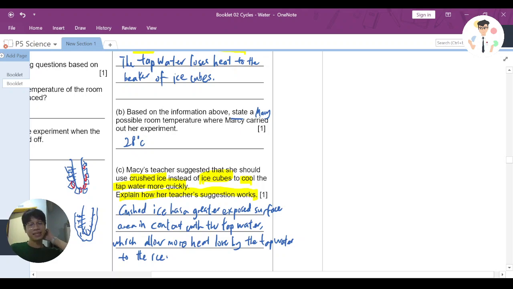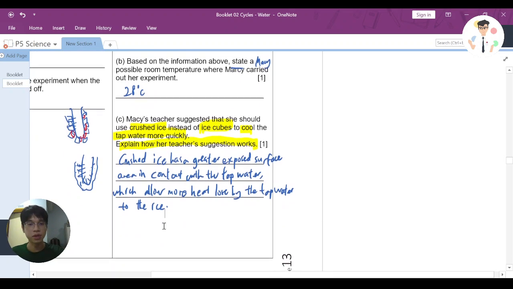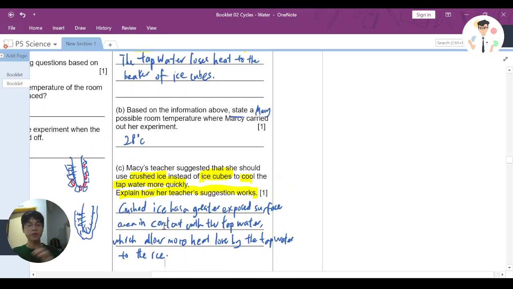And that's basically how this question works. Of course, you can also explain that the ice has more surface area to gain heat from the tap water. And that's all for this question.